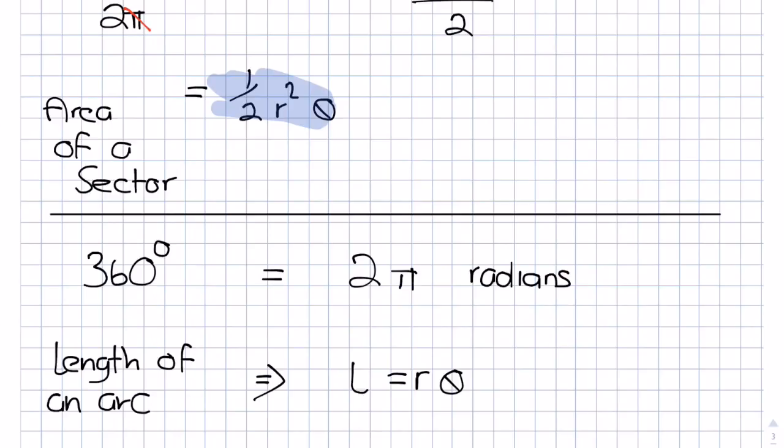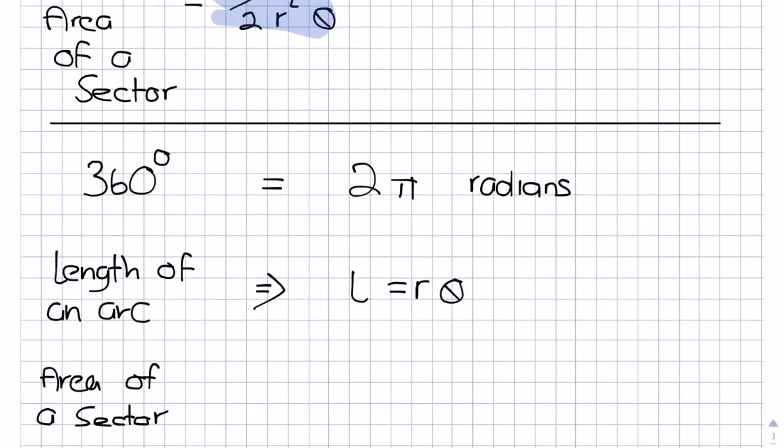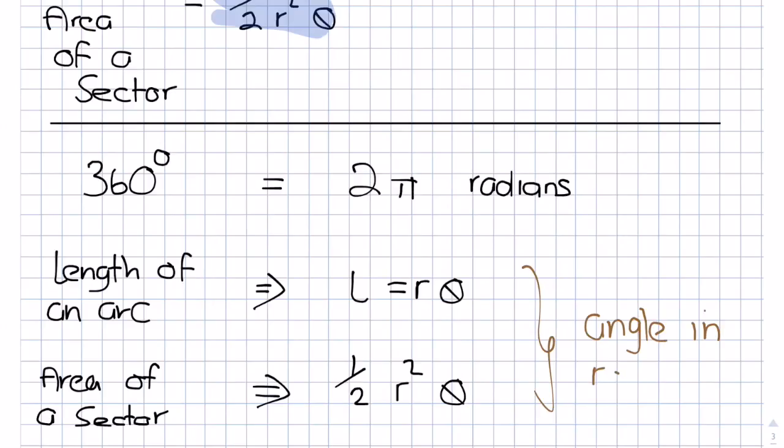And the area of a sector is a half by the radius squared by the angle in radians. And please remember that for either of these two, the angle is in radians, okay?